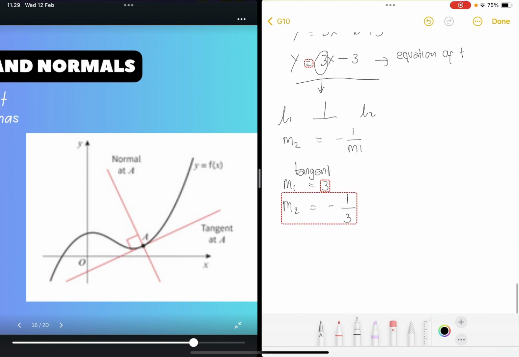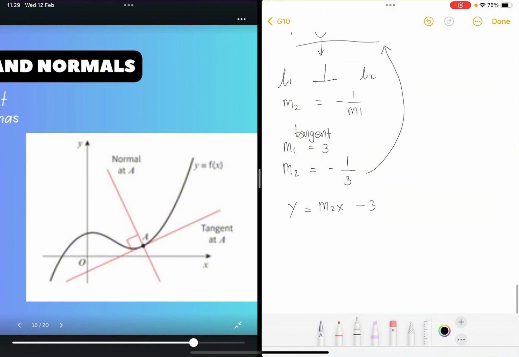Then, you just need to change the value there. y equals m2 times x minus 3. Because we have found already the tangent, right? That's why here y equals minus 1 over 3 x minus 3. Then done. This is already the equation of the normal line.